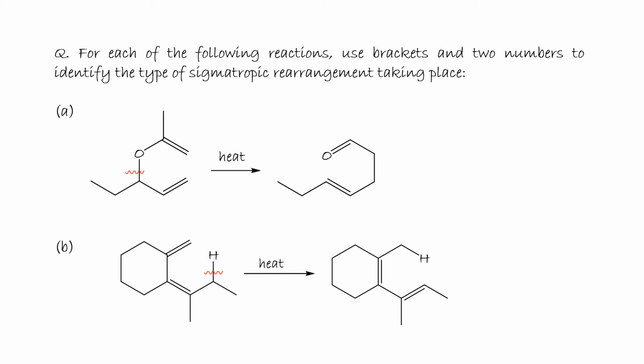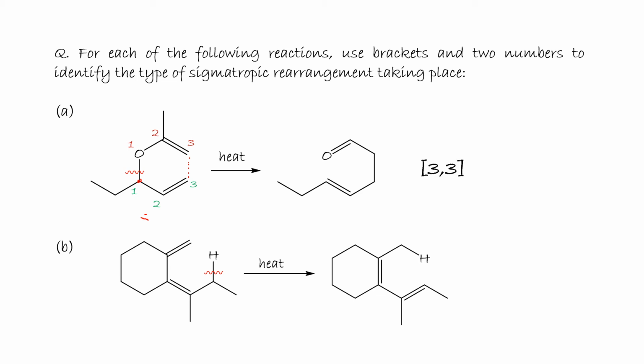For each of the following reactions, use brackets and 2 numbers to identify the type of sigmatropic rearrangement taking place. In this one, we are breaking here the carbon-oxygen bond, right? And forming a bond in here. 1, 2, 3, 1, 2, 3.